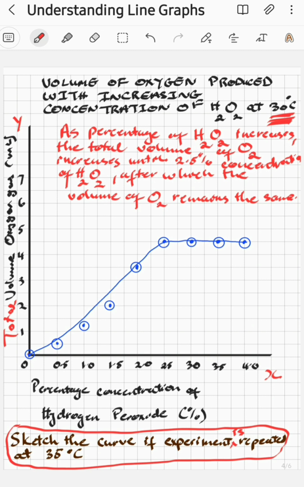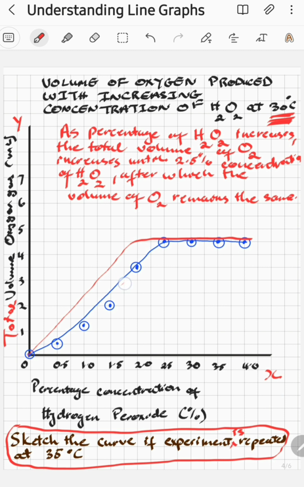So what it means is that the total volume of gas is going to be produced at a faster rate, okay? So we're going to start from the origin or 0 as well. But then we're going to do something like this. Okay, so this is a sketch, but we expect it to be very similar to the previous one.